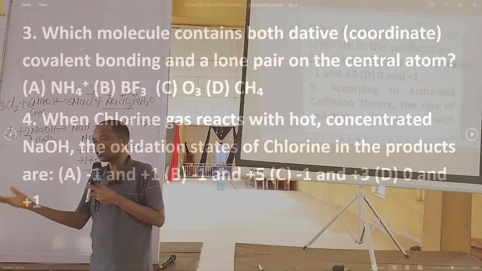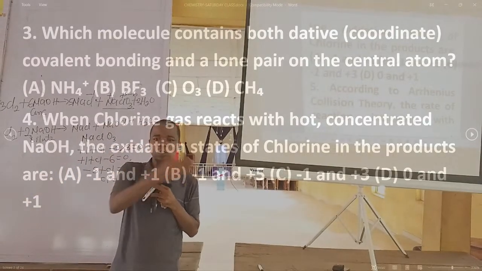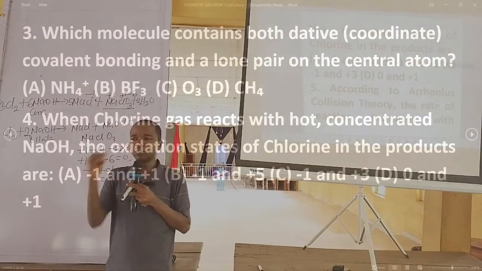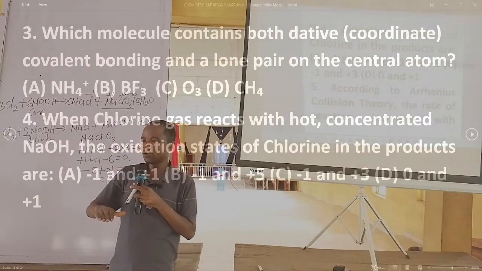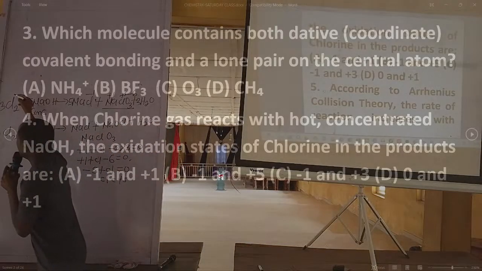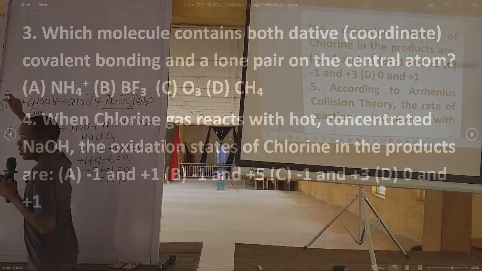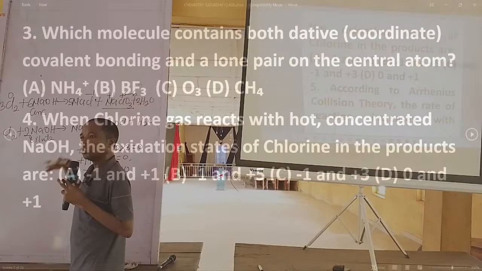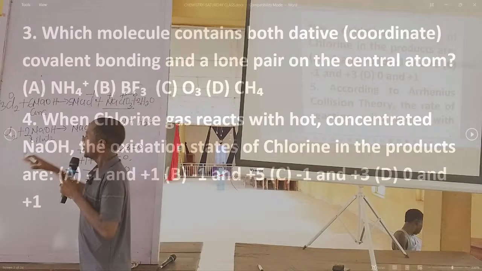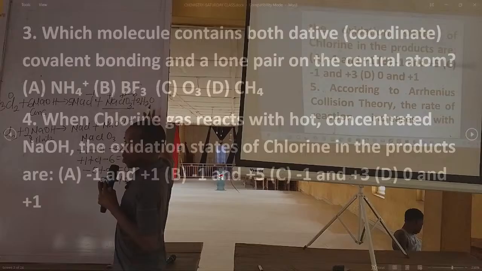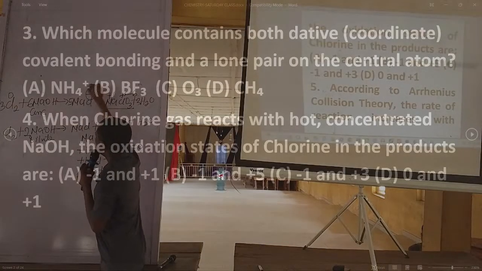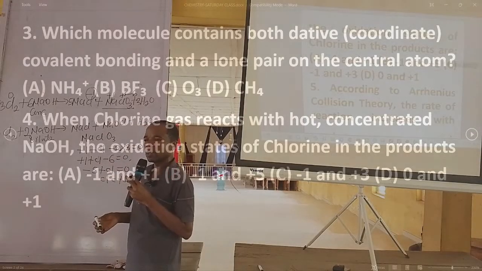An oxidizing agent is always reduced, whereas a reducing agent is always oxidized. And when something is reduced, its oxidation number decreases. If you look at the oxidation number of chlorine here on the left-hand side, it is zero, because when an element is on its own, the oxidation number is always zero. And you expect that the oxidation number of chlorine on the right-hand side is supposed to be negative because it should reduce. It reduces to form -1 here.